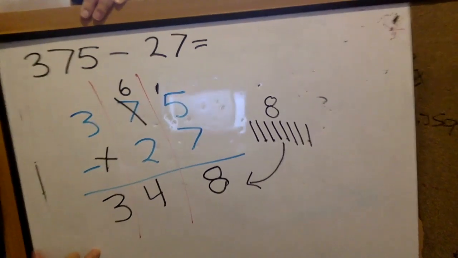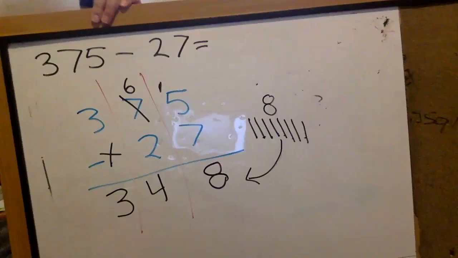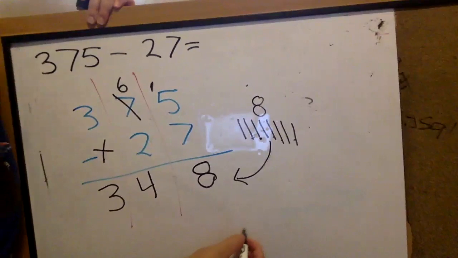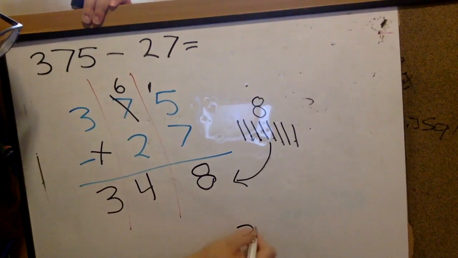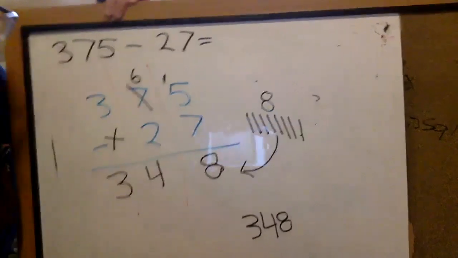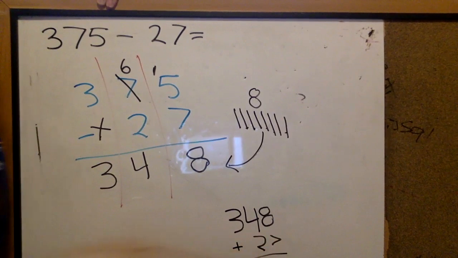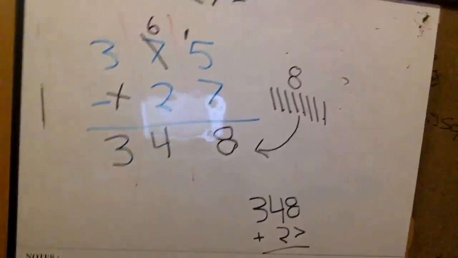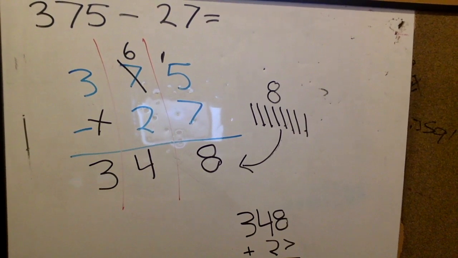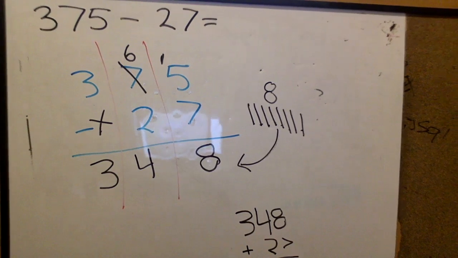How would we check? I like to check my work just to make sure that I'm right. So what I would do is, always check your work. I'm going to do 348 down here plus 27. Just to make sure that we're checking it, because it's always good to go back and check your work so that way you make sure you're getting the right answer.